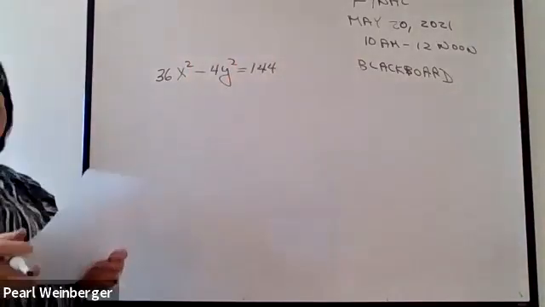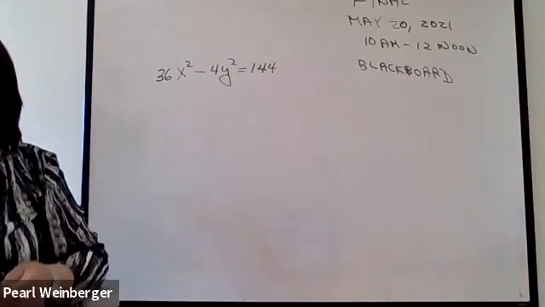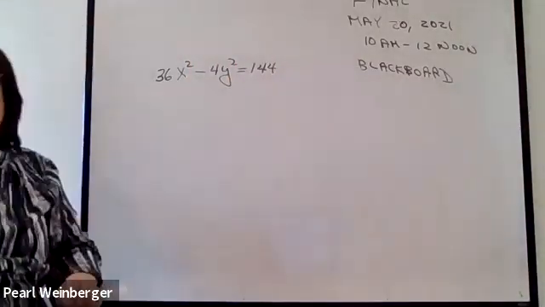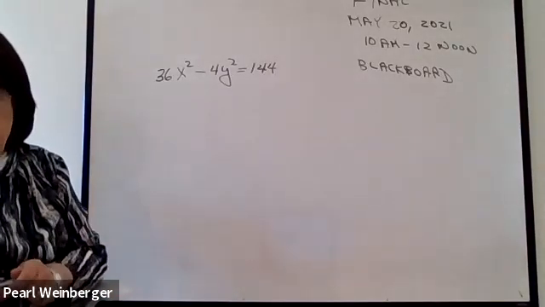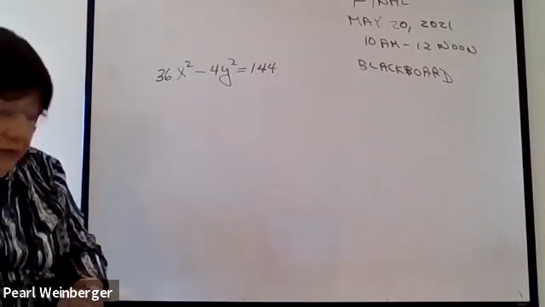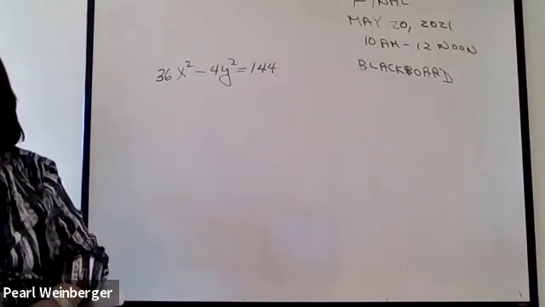Okay, what if I gave you this one? 36x squared minus 4y squared equals 144. I'll give you a couple minutes to work it yourself and then I will go over it.